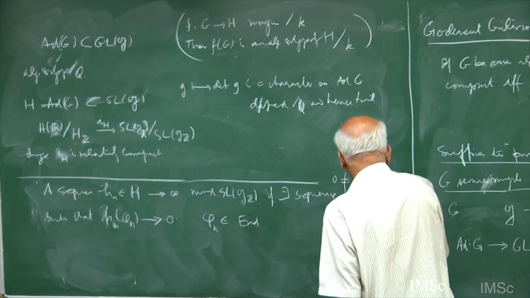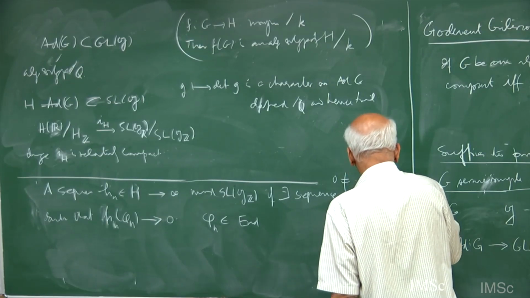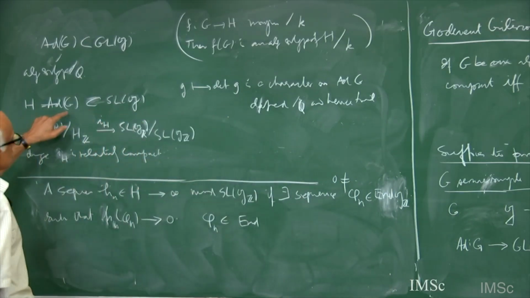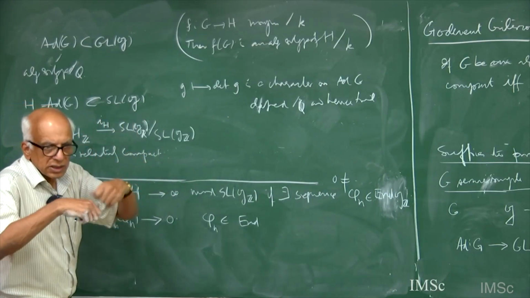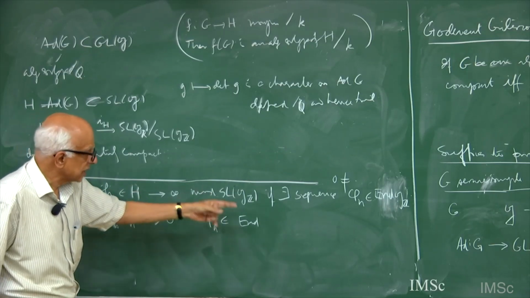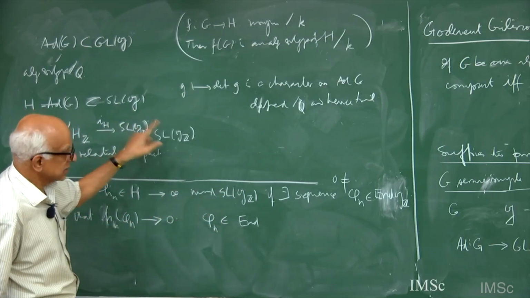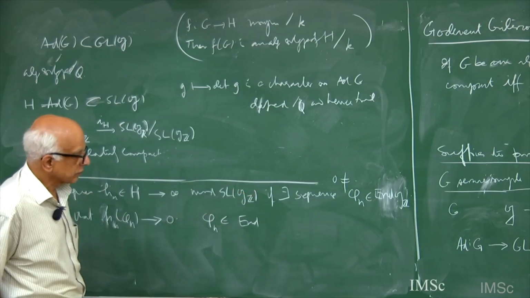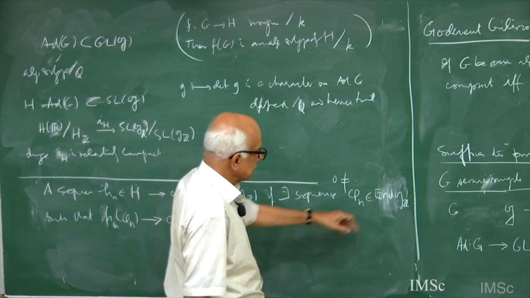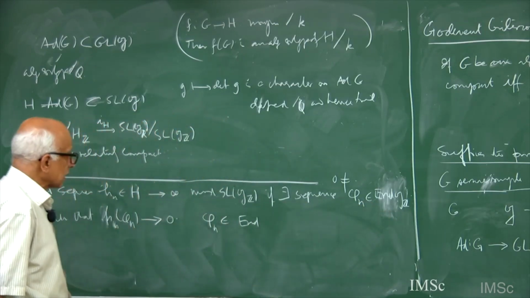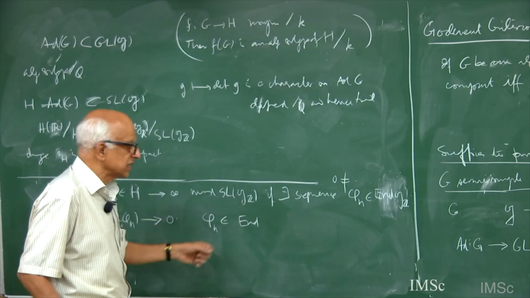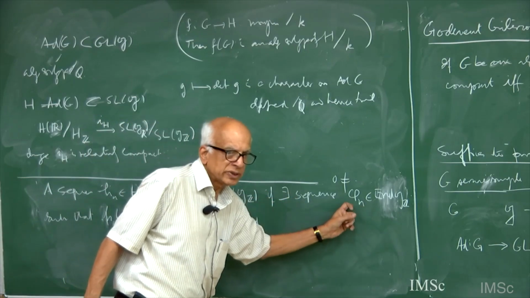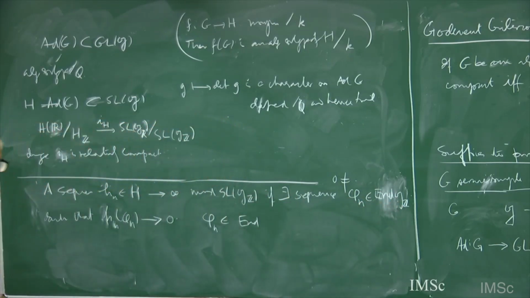Everywhere it should be, when I say SL(V), endomorphisms of. These are elements of SL g(Z), and phi n means an element of endomorphisms of g(Z). An element of SL g(Z) is an automorphism of g(Z), and the corresponding Lie algebra element is phi n in g(Z).